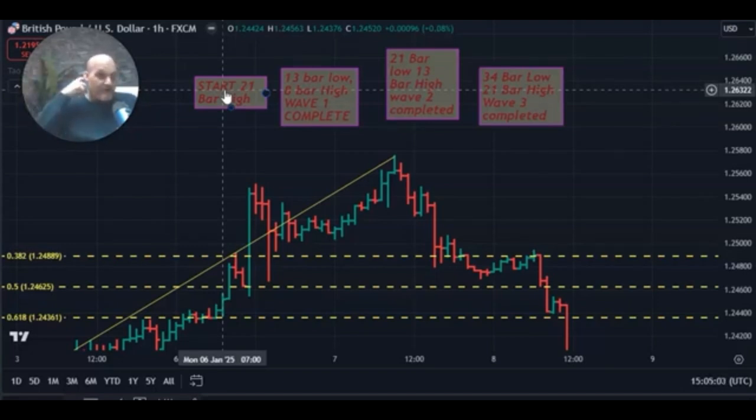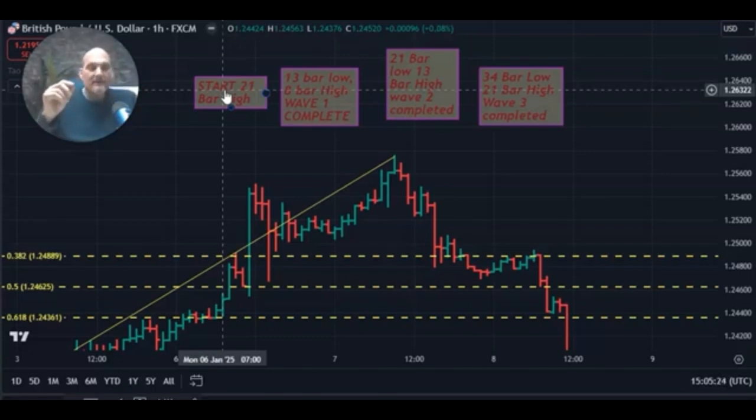So I'm starting with a 21 bar high. If I write the sequence down, 3, 5, 8, 13, 21, 34, 55, I know that by going back one number in the sequence, I come up with 13. So I'm looking for a 13 bar low.